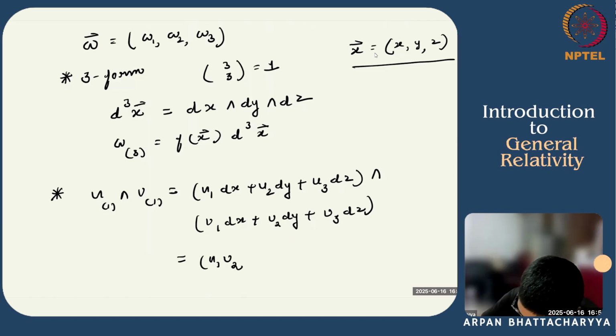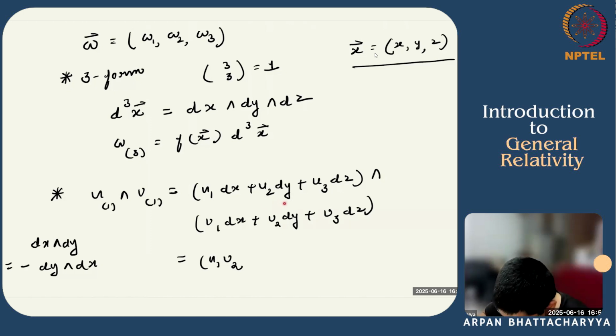But remember that dx wedge dy is equal to minus dy wedge dx. So if you take this term and this term, it will give you u2 times v1 and dy wedge dx, which you can write as minus dx wedge dy.